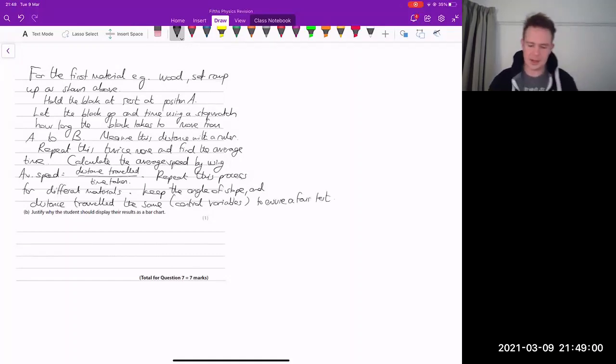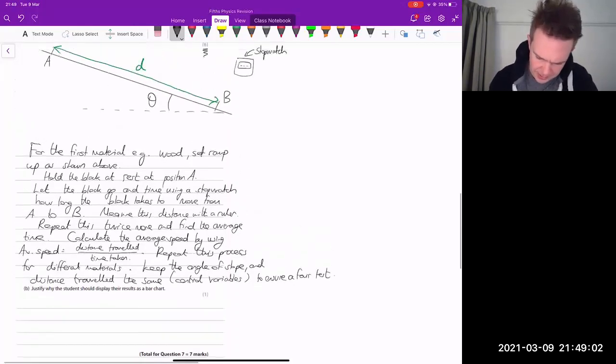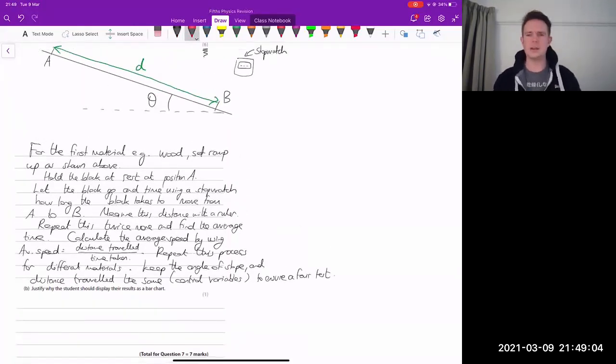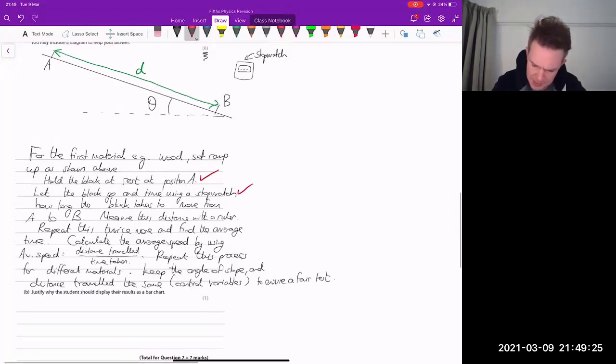Now, if I was marking that, this is what I'd be looking for when I'm assigning my marks. Hold the block at rest at position A. That's probably worth the mark. Let the block go and time using a stopwatch. So we've got the quantity and the instrument I'm using to measure it.